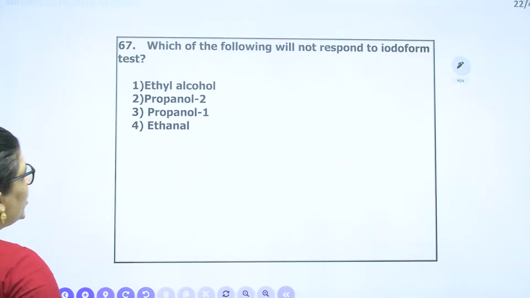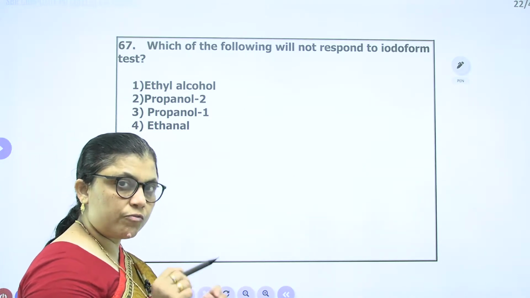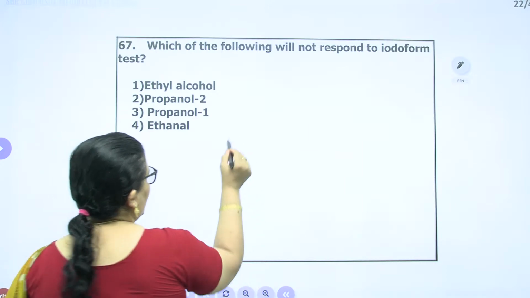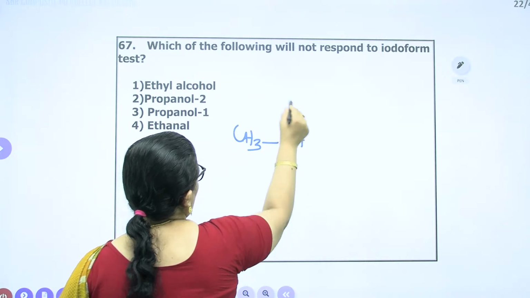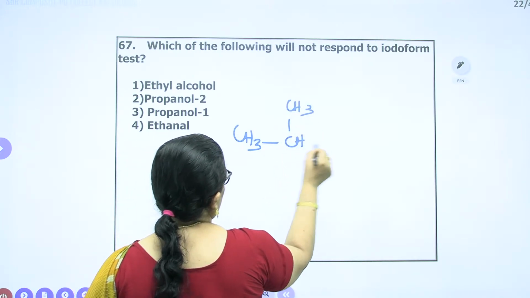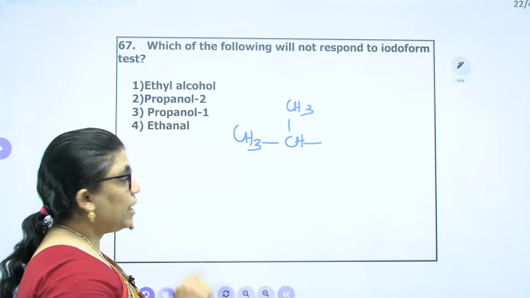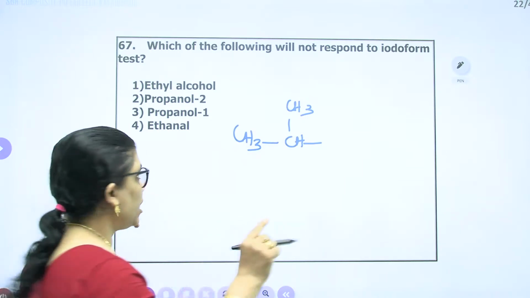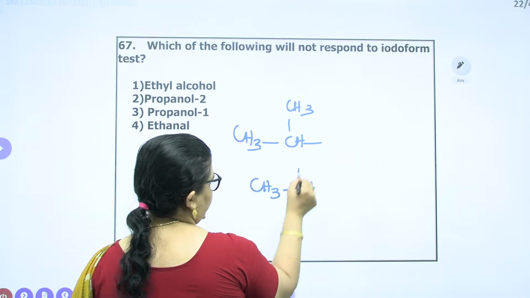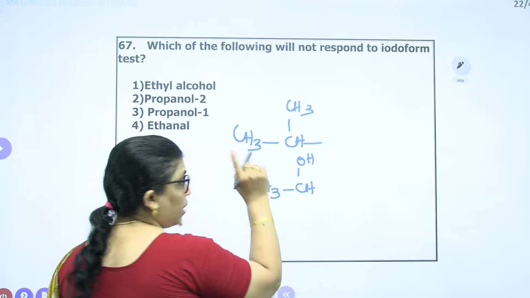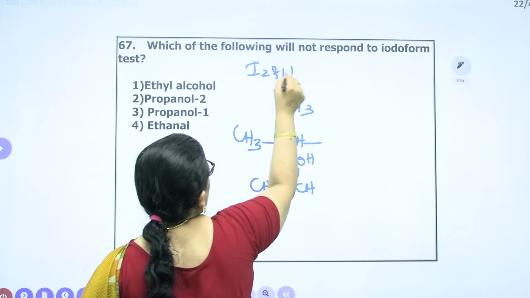67. Which of the following will not respond to iodoform? To respond to the iodoform reaction, the molecule must contain this group. Another point is that they must have CH3, CH, CH3 like this, because iodoform is treated with iodine and NaOH.